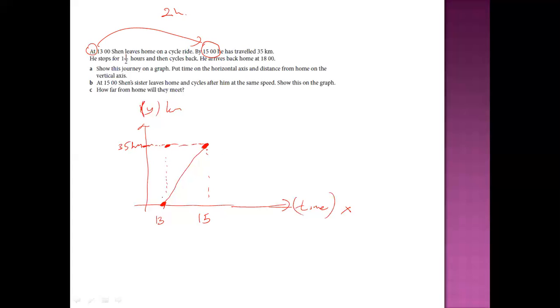So Shan left home at 13 o'clock, and he has traveled 35 km by 3 o'clock in the afternoon. He stops for 1.5 hours. Plus 1.5 is equal to 16.5.